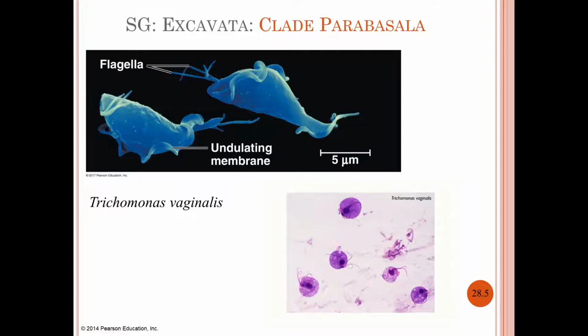And a hydrogenosome is a novel, kind of unique organelle that these organisms have. A hydrogenosome releases hydrogen peroxide in their area. Think of the hydrogen peroxide that you have maybe in your cabinet in the bathroom.